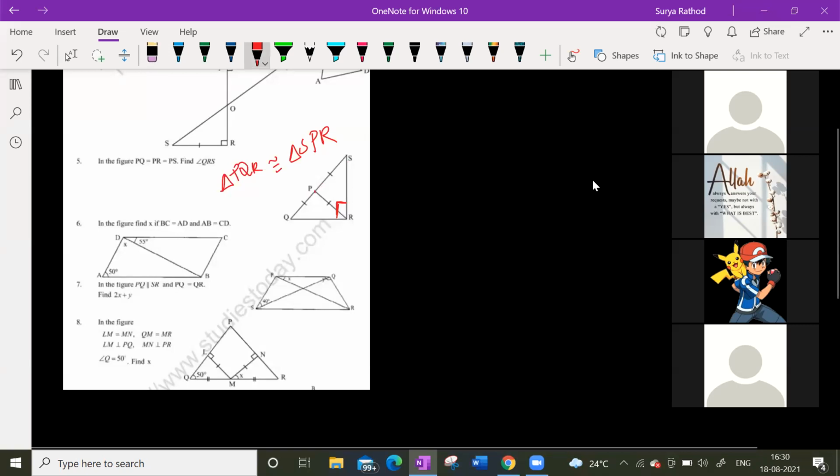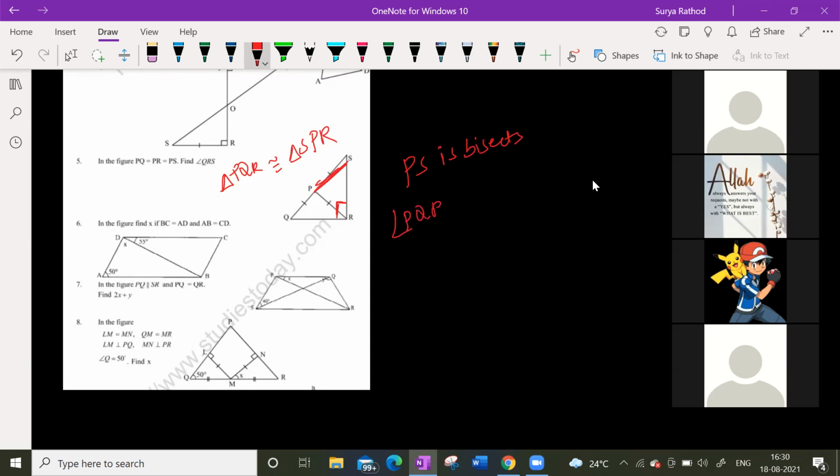Yes or no? Yes, sir. Here PS is what? PS bisects angle PQR. Look at it. It's an angle bisector.